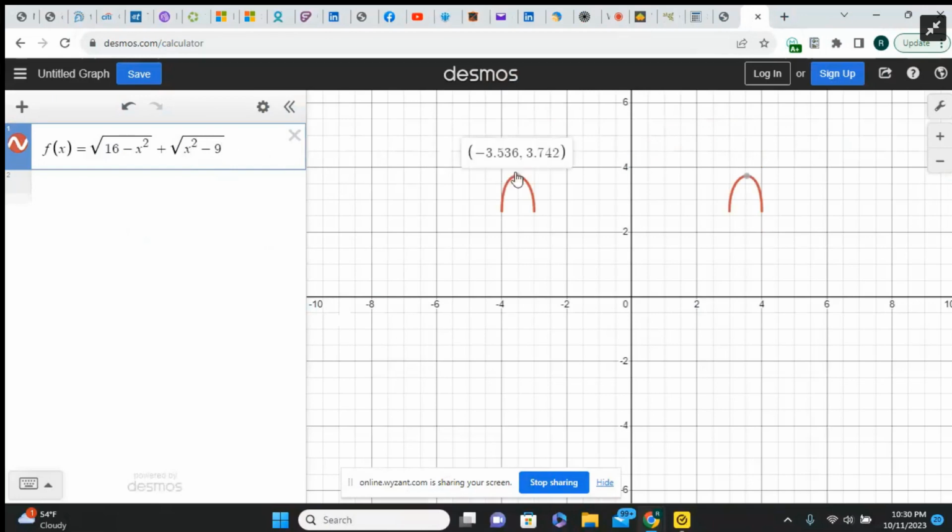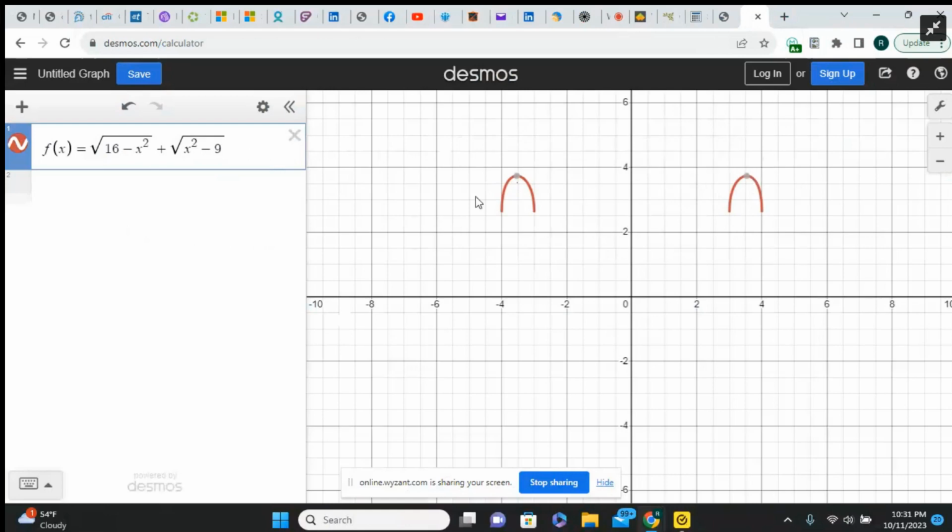All right, here we go. So it's decreasing. Again, negative 4, negative 3, 3, 4. That negative 3.536 is negative 5 square root of 2 over 2 if you write it as a decimal.